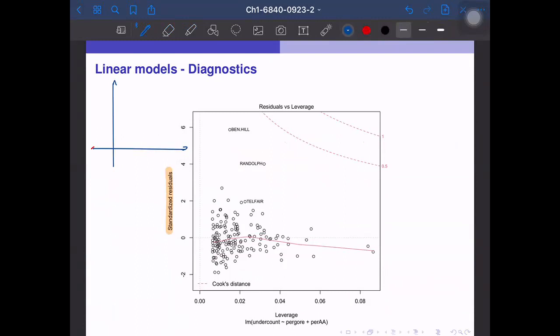For example, we have these observations, but we have one observation around here. Then this is slightly larger than the center of X. So if the true regression line is like this, if we have this observation, maybe the regression line is affected by this observation. So size of the standardized residuals is important.